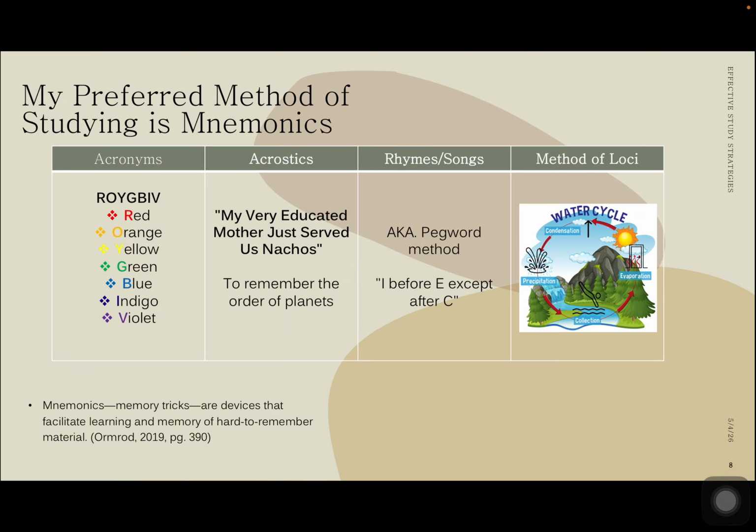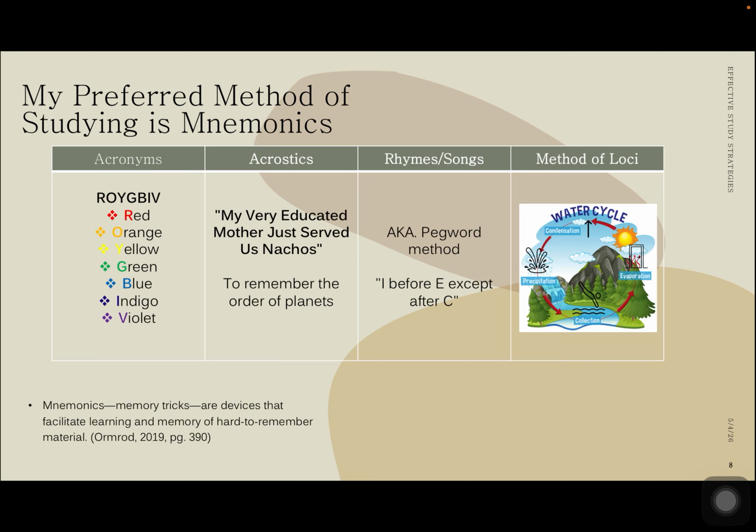So, my preferred method of studying is mnemonics. The book refers to the acronym in acoustics one as superimposed meaningful structures, but that is just the acronym. Roy G. Biv is to help you remember the rainbow, and then My Very Educated Mother Just Served Us Nachos is going to help us remember the order of the planets.